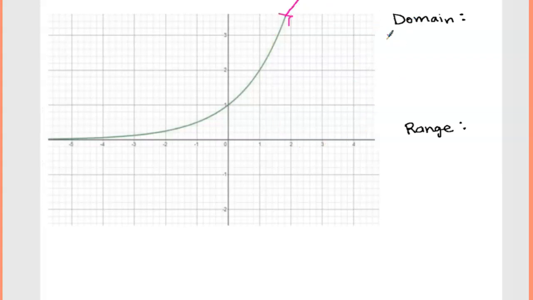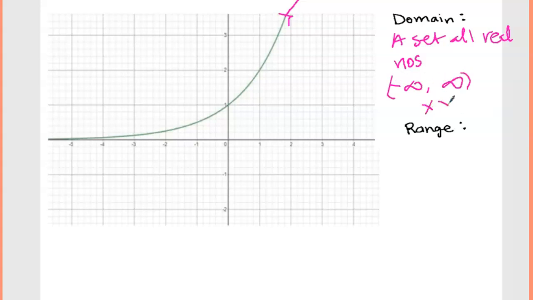So here the domain is a set of all real numbers. This is how some people also write it. You have to know the other side of it, which is from negative infinity to positive infinity. If you want to bring x involved, x is less than or equal to positive infinity, but greater than or equal to negative infinity.